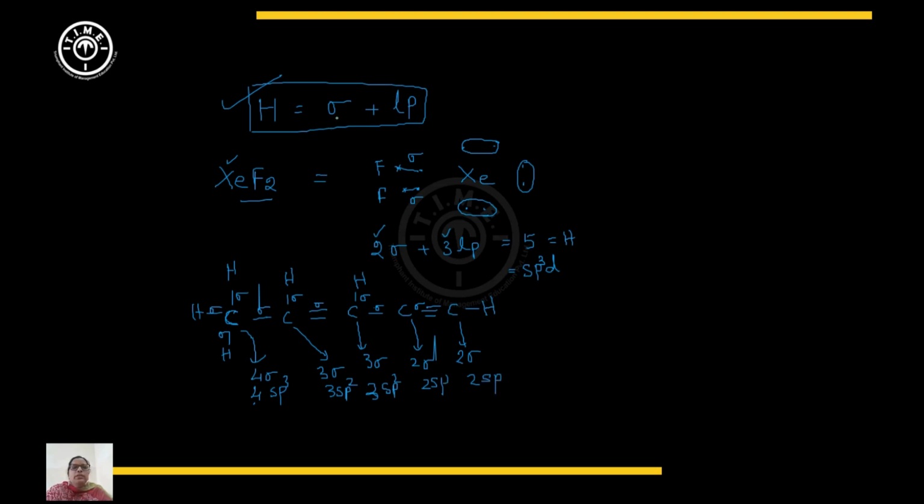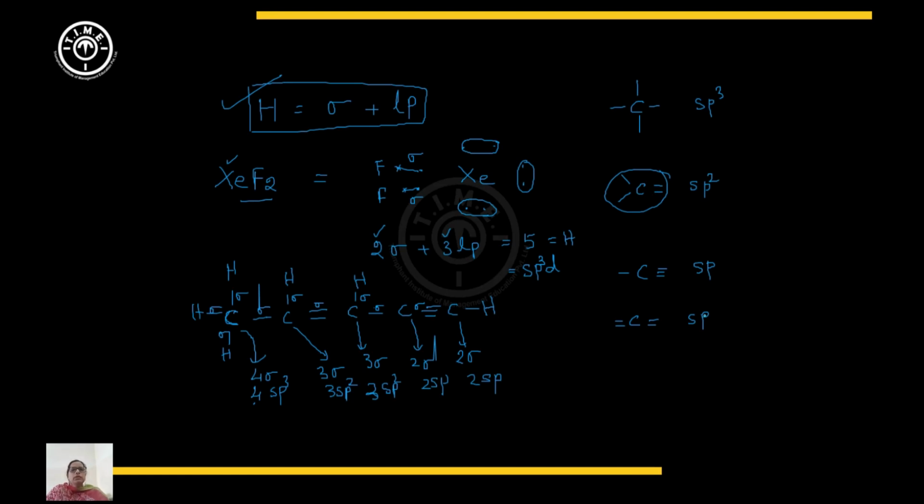So by using this formula, H is equal to number of sigma bonds plus number of lone pairs. If carbon is bonded with all 4 single bonds like this, it is sp3. All single bonds means sp3. If it has a double bond and 2 single bonds, then it is sp2. Or if we have this kind of structure, if it has a triple bond and 1 single bond, it is sp hybridization. If it has 2 double bonds around it, then this is also sp.